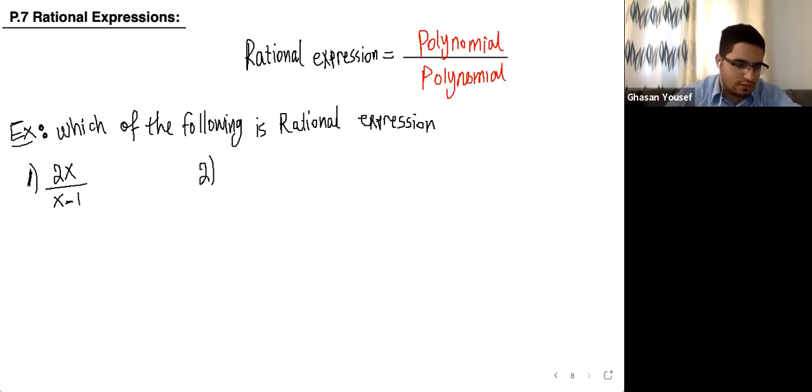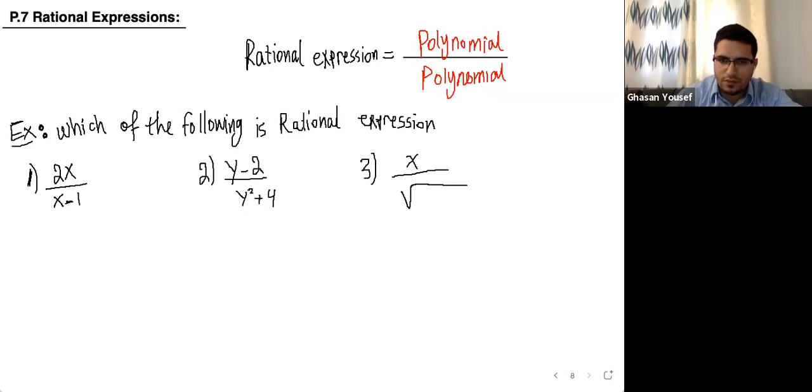Second one is y minus 2 over y squared plus 4. And number 3 is x over square root of x squared plus 1.